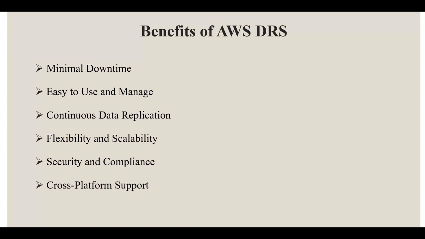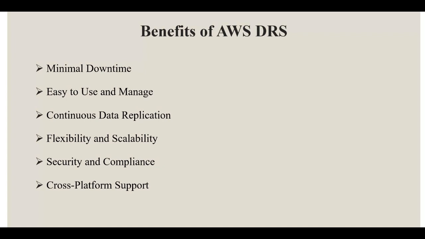The next is continuous data replication. DRS continuously replicates data from your source environment to AWS storage, ensuring your workloads are up to date and ready for recovery. Also, with the ability to set the recovery point objective to a low value, you can significantly reduce the amount of data loss. The next is flexibility and scalability.